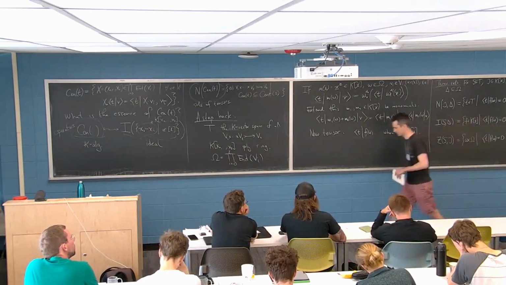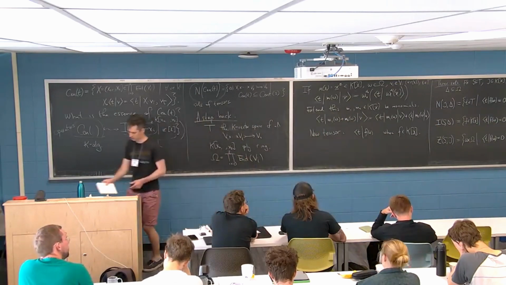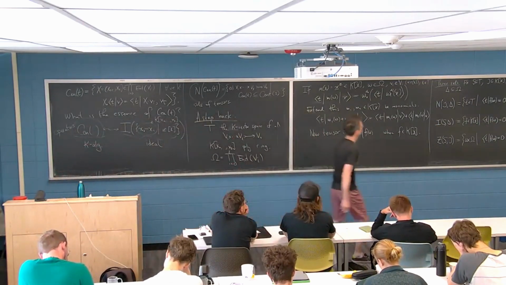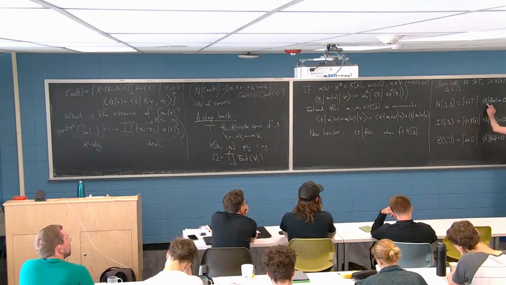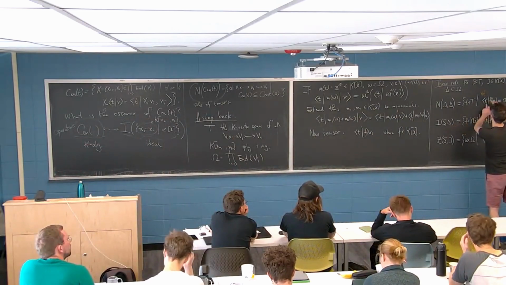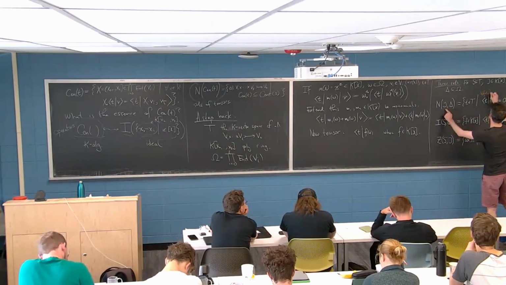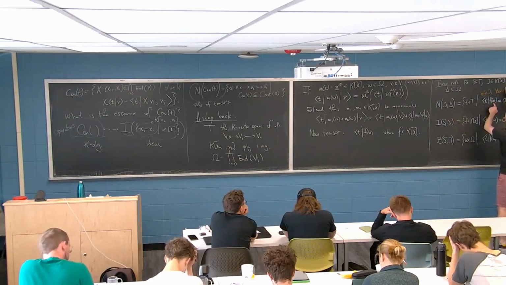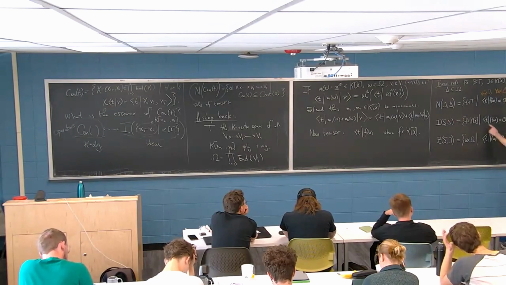Okay, now let me add the quantifiers. The missing pieces, so to speak, are the for-alls. I fixed the t here, so this is for all f in J and for all omega in delta. That's for this one right here.